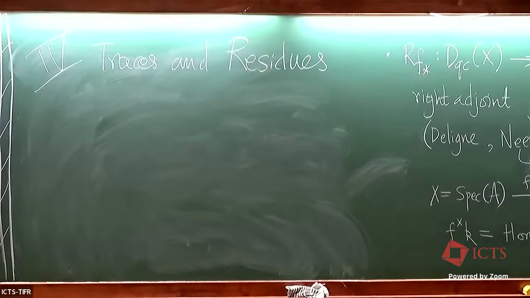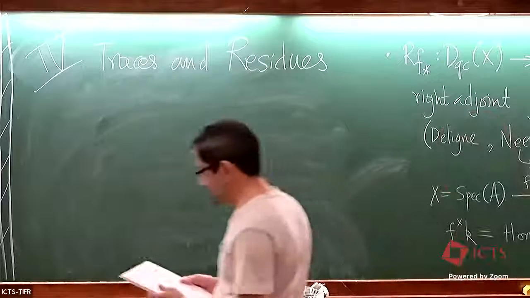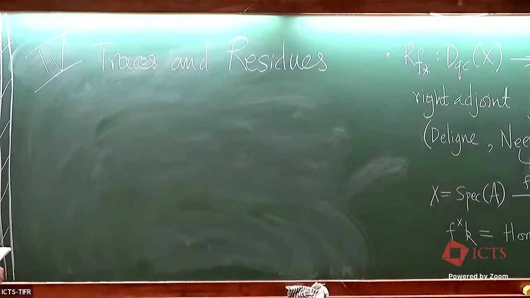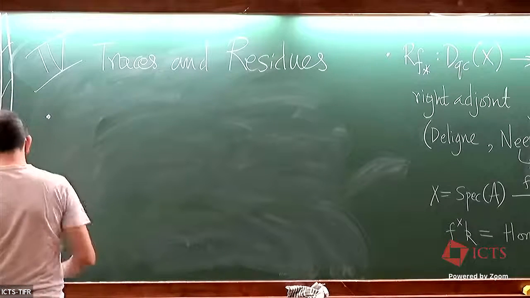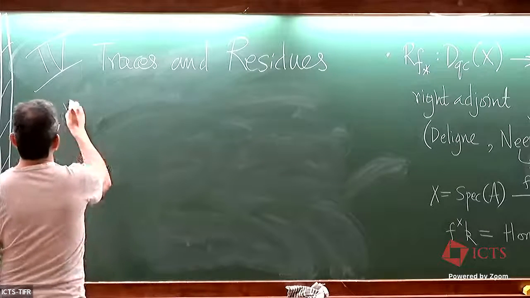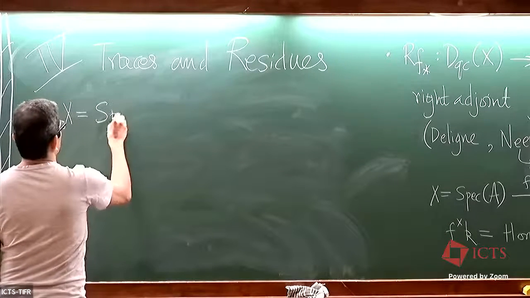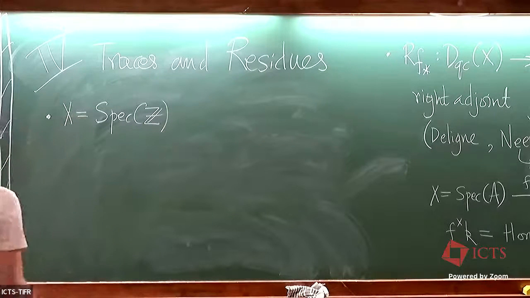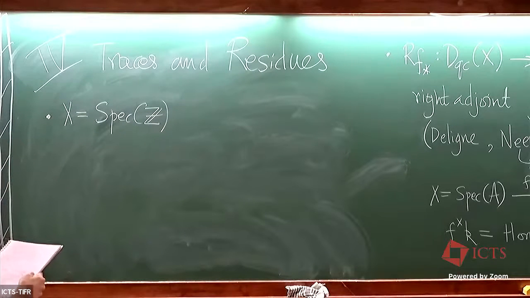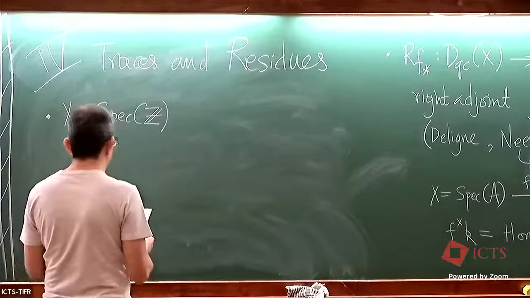I'd like to go back to an example I was talking about last lecture, a couple of examples of residual complexes. So let's start with the simplest one, or the first interesting but simple one, X equal to Spec Z.